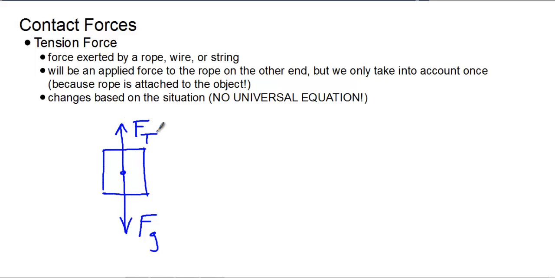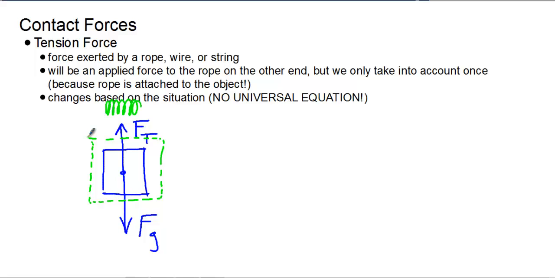Many students want to draw a second force for an applied force. The applied force, of course, is happening up here somewhere, probably like a winch pulling up on a string. But the key here, guys, is when you draw a free body diagram, you're only looking at the forces that are directly applied to the object in question. So in this case, our elevator.